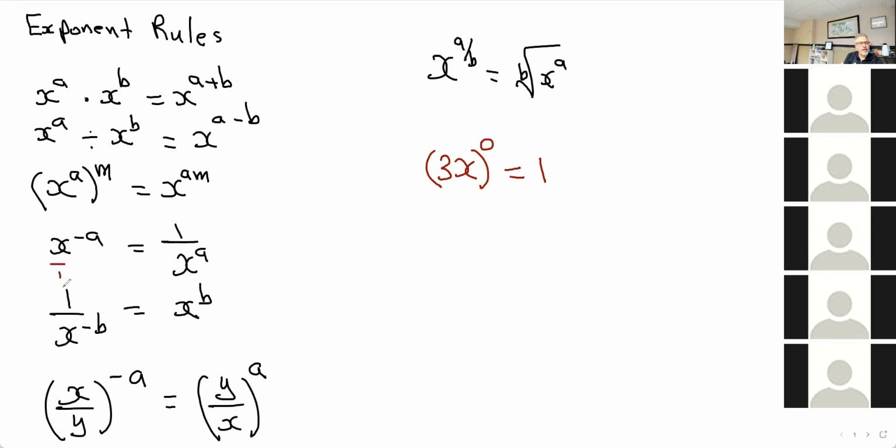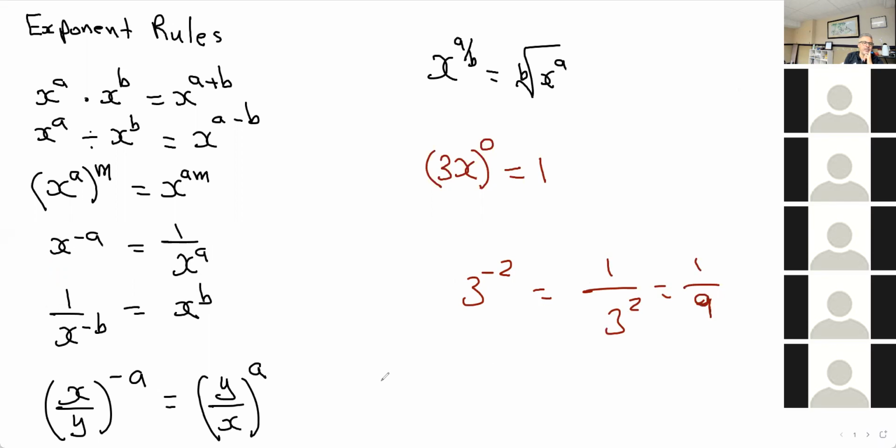So you bring that to the bottom where the 1 is, and when this comes to the bottom, you still have a 1 left on top, and then the exponent becomes positive. So now it's x to the power of a on the bottom. So x to the -a just becomes 1 over x to the a. And I think I explained that to you earlier. So I said if you have 3 to the -2, that just becomes 1 over 3 to the 2. And that gives me 1 over 9.